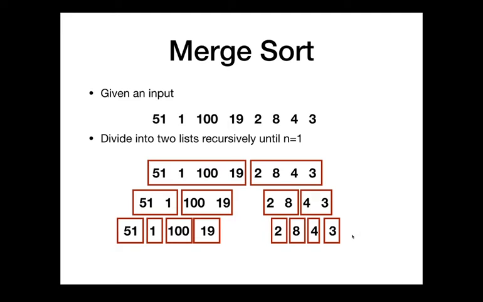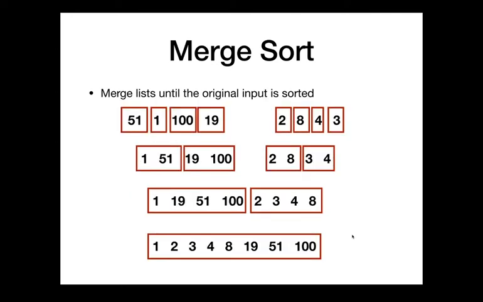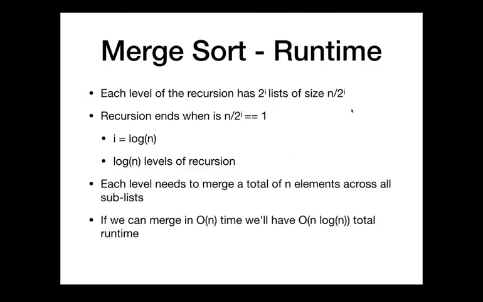So when I get down to the ith layer of this tree, my inputs are of size n over 2 to the i. And I want to ask myself, how many layers does it take to get down to my base case? So in our case where n was 8, it took 3 layers to get down to our base case, 2 to the third, 8. It's going to take that long to get to our base case, which is lists of size 1.